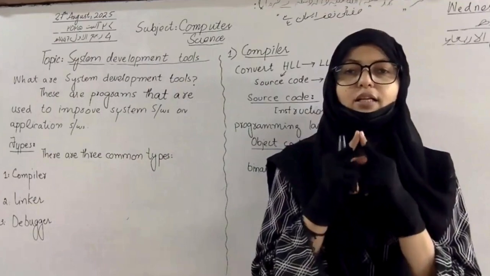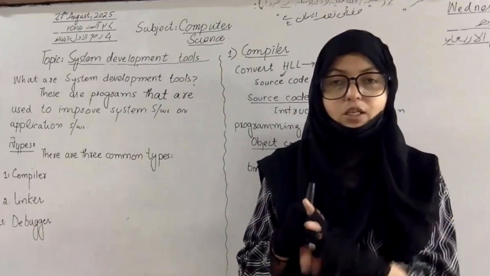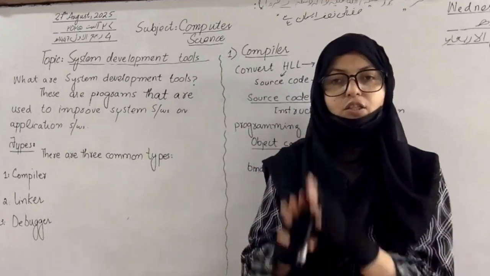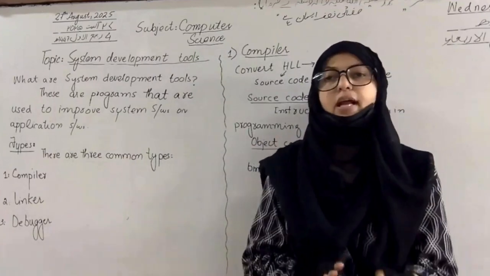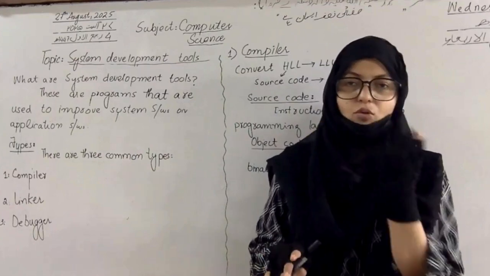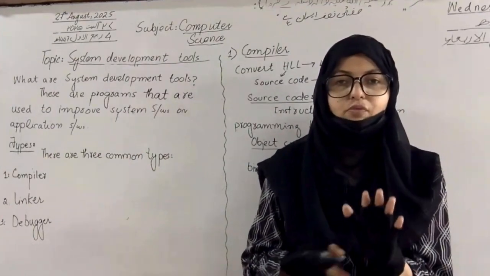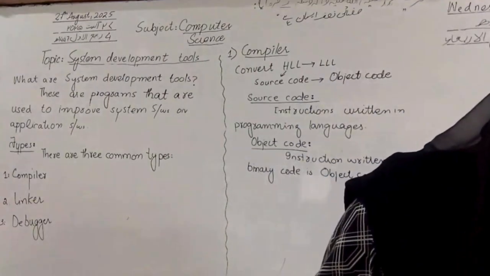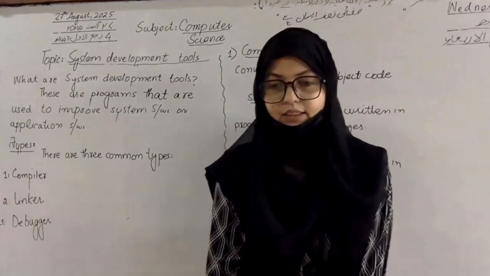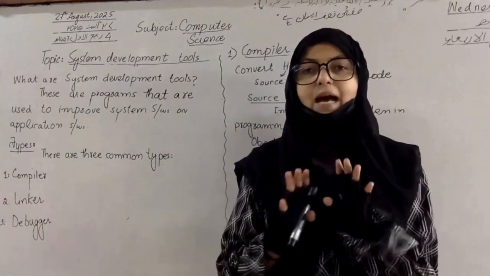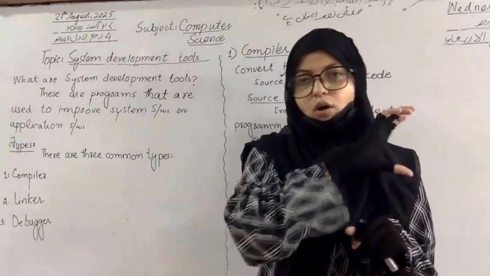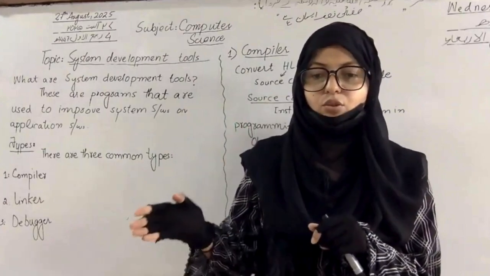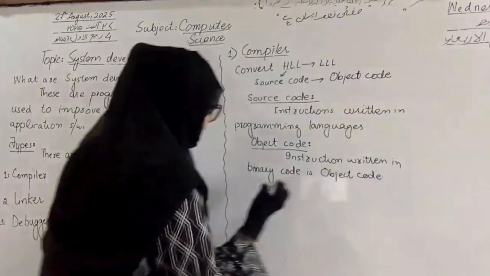So the instructions written in the human language are known as the source code, and the instructions written in the machine language are known as the object code. You guys can use my own wording which I am using in the video for your help as well. Next, our compiler topic is done. I am going to draw a graph so that it will be helpful for you to understand how a compiler works.